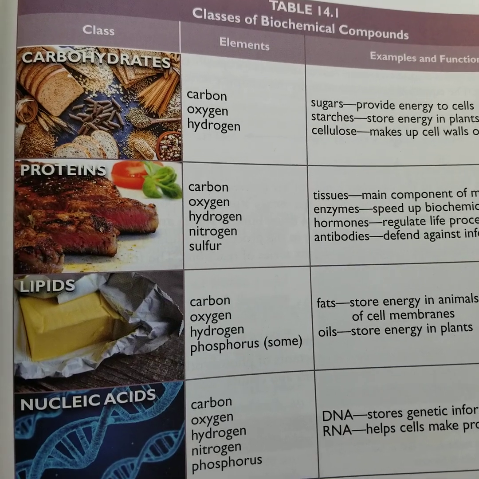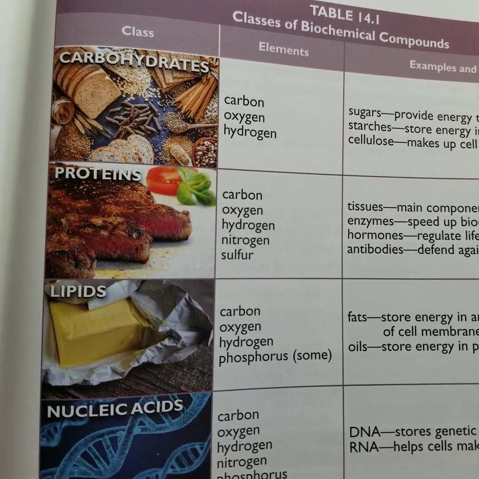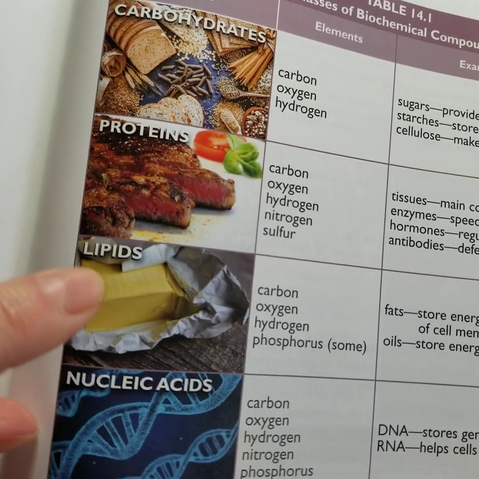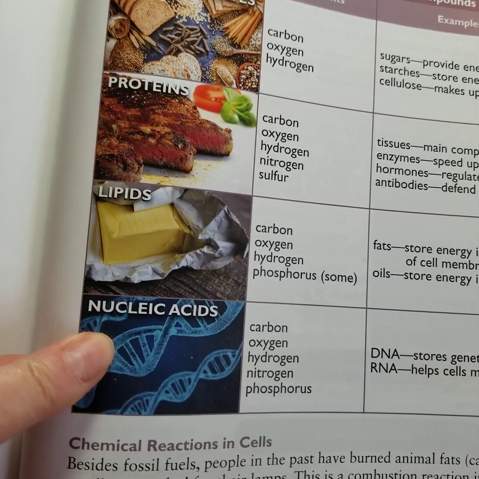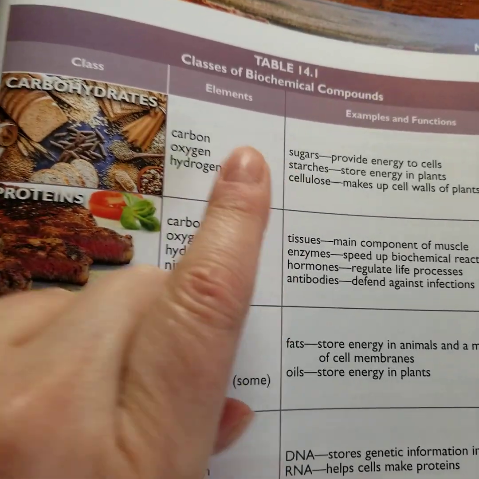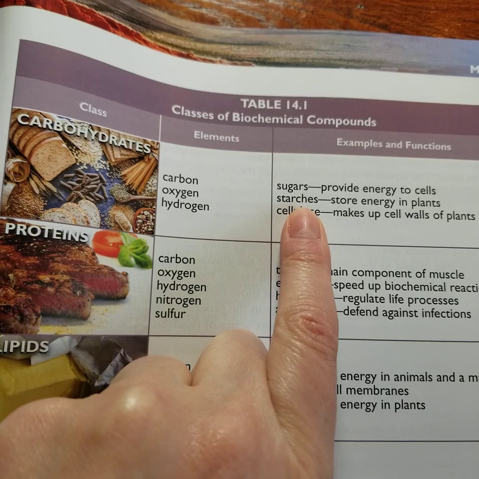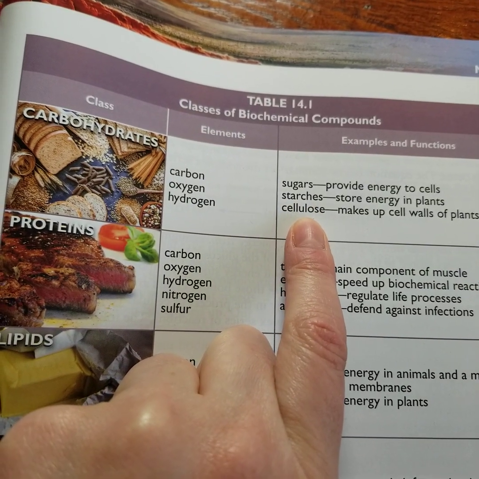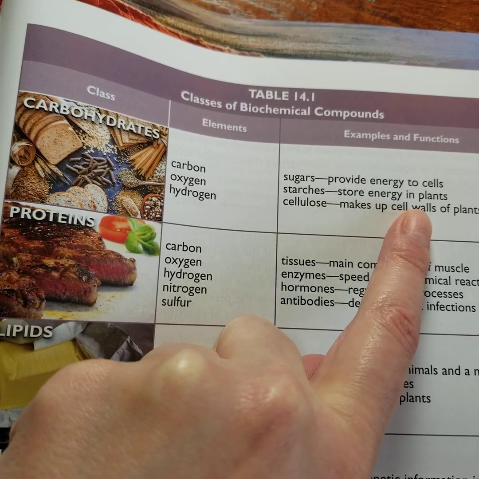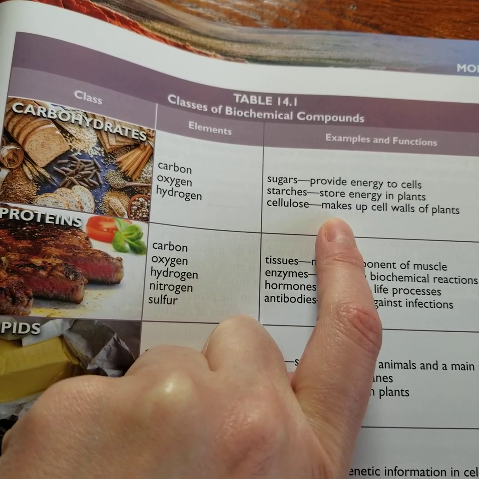And give at least one example of each. So our four main classes are carbohydrates, proteins, lipids, and nucleic acids. Some examples of carbohydrates are sugars, starches, or cellulose. Sugars provide energy to the cells. Starches store energy. Cellulose makes up cell walls of plants.